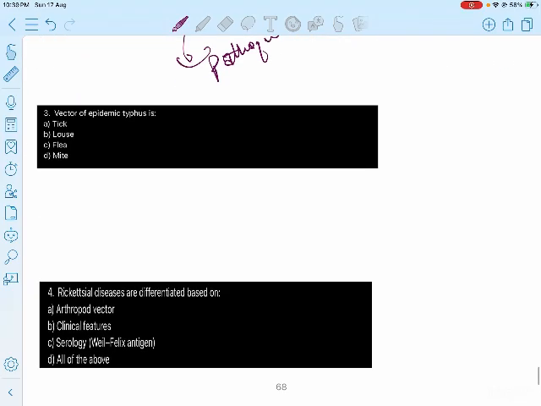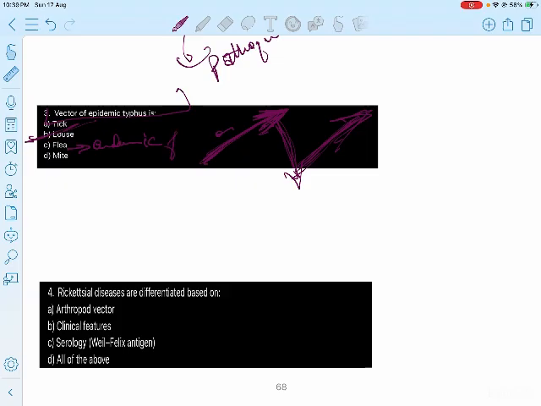Then vector of epidemic typhus. We remembered epidemic as louse is a very provocative and notorious agent, so it causes epidemic, then it trenches, then it causes relapse. This is how we remembered louse. So louse would be the answer here. Flea is for endemic. We remembered it as flint, so flea is for endemic. Then mite, we remembered it as tsutsugamushi. So for scrub typhus it would be mite, the trombiculid mite is what we remembered.